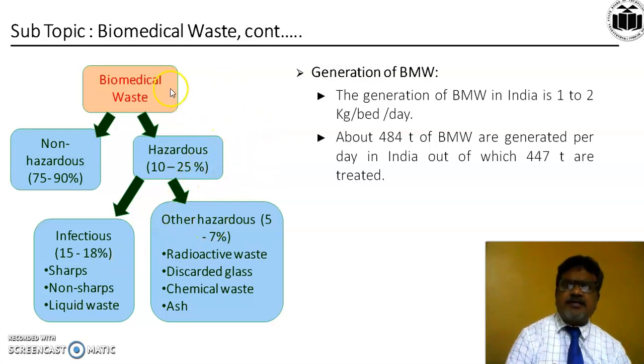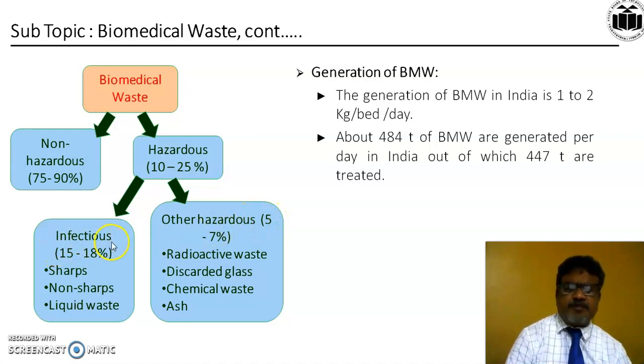Biomedical waste are classified basically into two parts: non-hazardous biomedical waste and hazardous biomedical waste. Non-hazardous biomedical waste are about 75 to 80%, whereas hazardous biomedical waste are about 10 to 25%. Now again, these hazardous biomedical waste are divided into two parts: infectious biomedical waste and other hazardous biomedical waste.